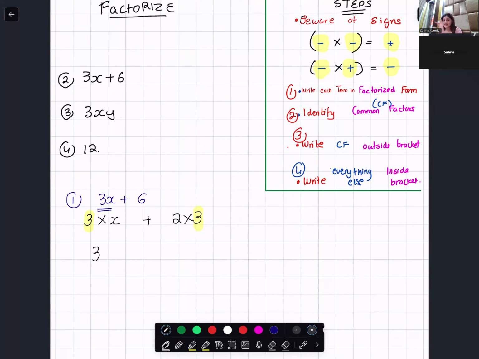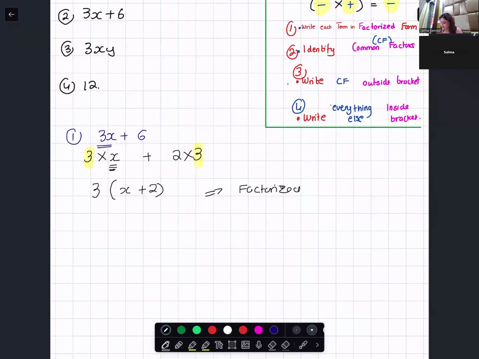What is common is kept outside and everything else is inside the bracket. What is everything else? I have x plus 2. So this is the factorized form of 3x plus 6. When I open the bracket or when I expand, I will get the same answer as 3x plus 6.